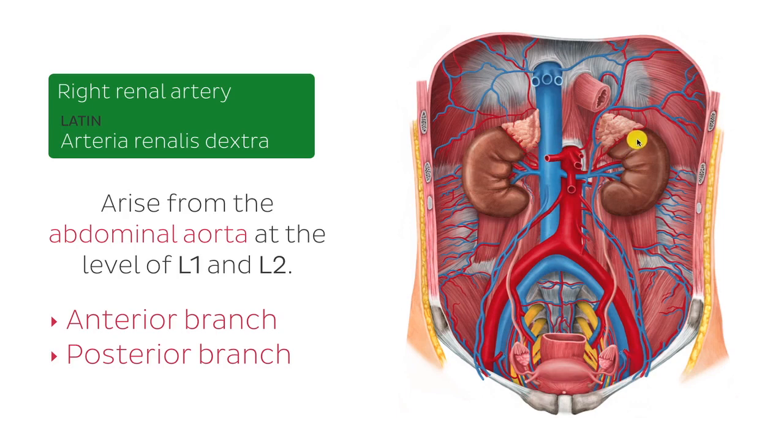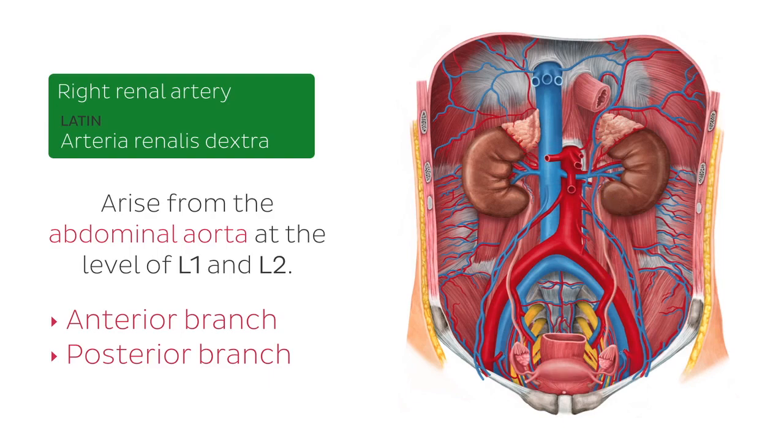On the other hand, you have here the left kidney and the left renal artery entering the hilum of the left kidney, but now behind this blood vessel here, which is known as the left renal vein.